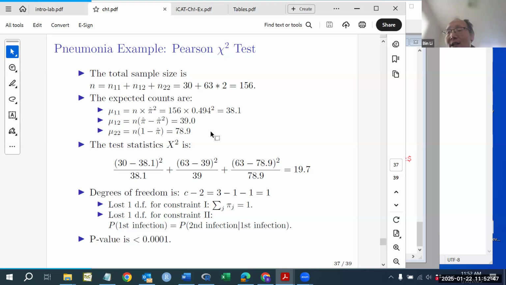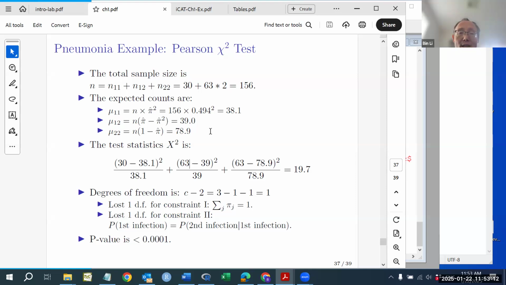So the conditional probability of having the second pneumonia is actually lower than the probability of having the first pneumonia infection. And that is what the data implies.